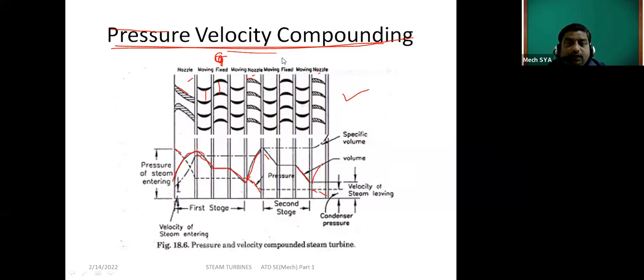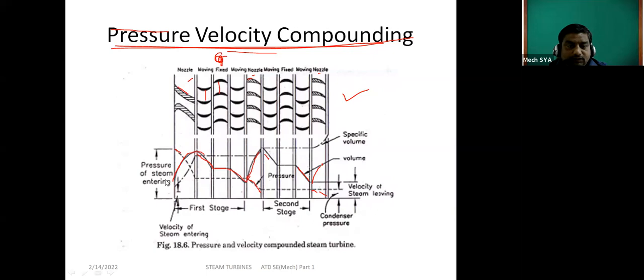Prerna is also understanding. Others, please reply. This is called pressure velocity compounding.